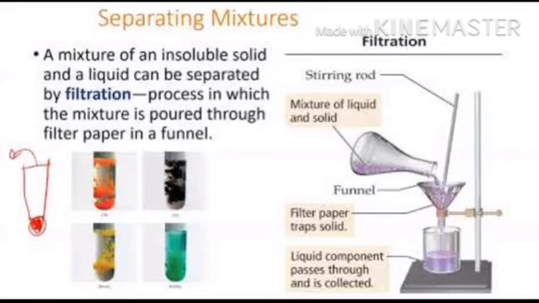But if we want to filter something in which the particles are smaller, then we are not able to filter that substance. So for filtering different substances, we use different filters.